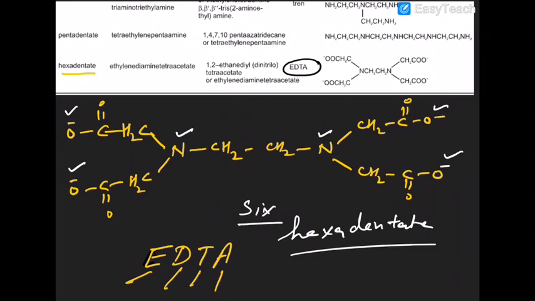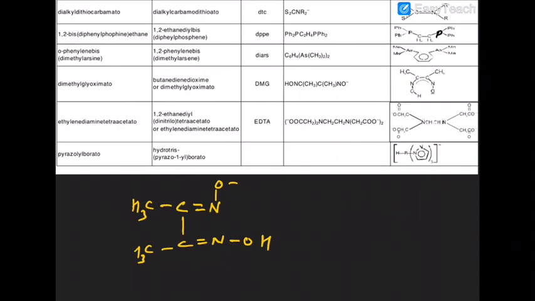Again, there is DMG, dimethyl glyoximato. That is also a bidentate ligand, and it is also a chelating ligand. Most of the bidentate, tridentate and other polydentate ligands are chelating, meaning they are able to form a cyclic closed ring around the central metal atom.